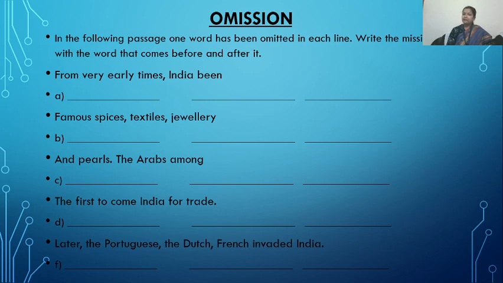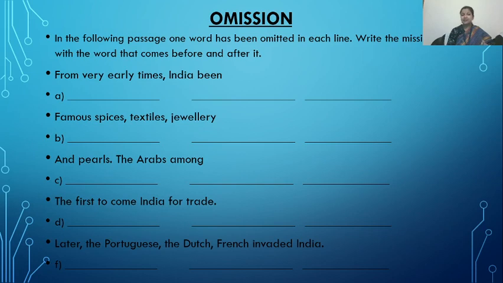These exercises can be solved if you have a thorough knowledge of grammar, verbs, tenses, prepositions, conjunctions, nouns, pronouns, all parts of speech. These integrated grammar practice exercises include all parts of speech. That is why, to solve it correctly, we have to have a good knowledge of all the parts of speech.